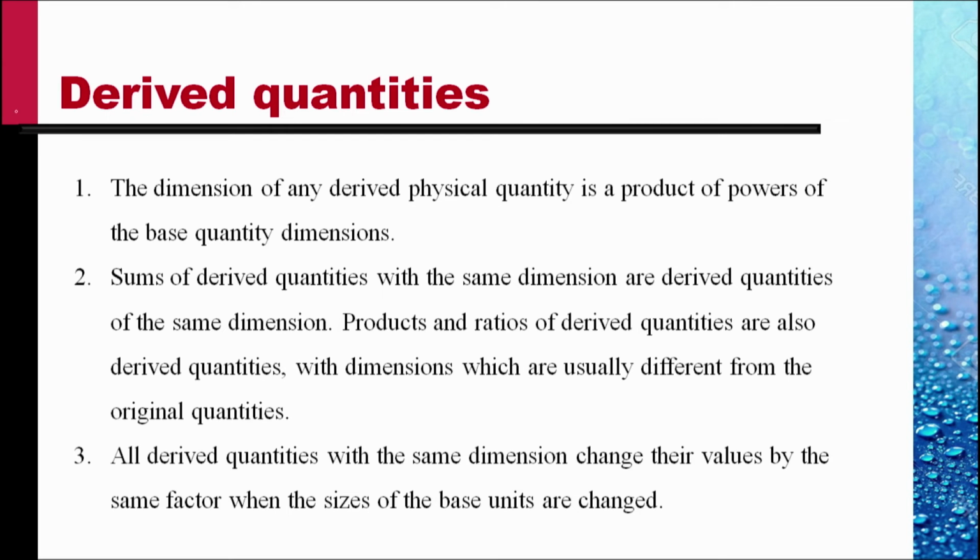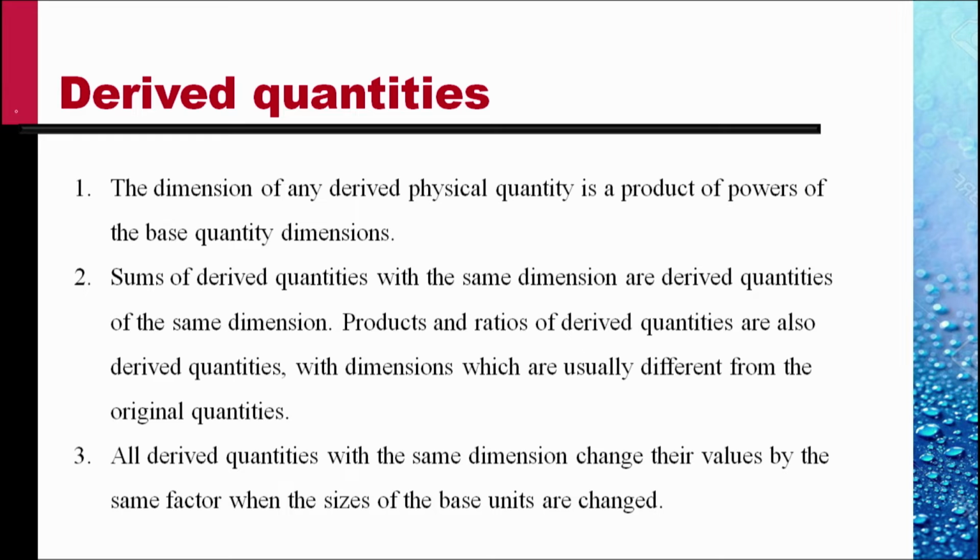Let's summarize what we have learned about derived quantities so far. The dimension of any derived physical quantity is a product of the powers of the base quantity dimensions. Sums of derived quantities with the same dimensions are derived quantities of the same dimension. Products and ratios of derived quantities are also derived quantities, with dimensions which are usually different from the original quantities.